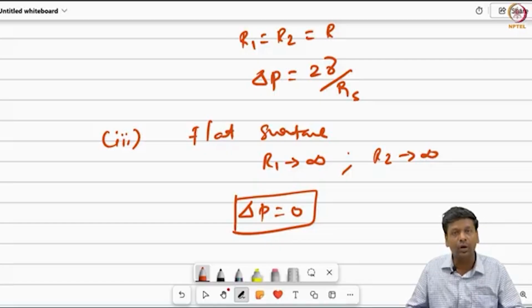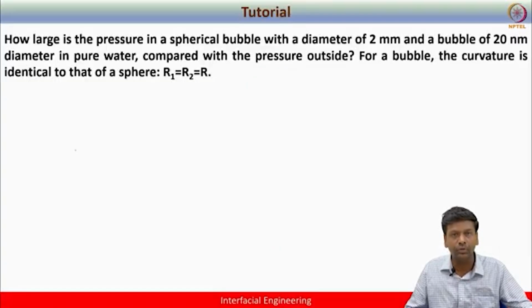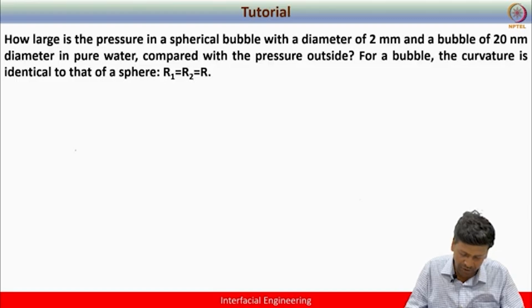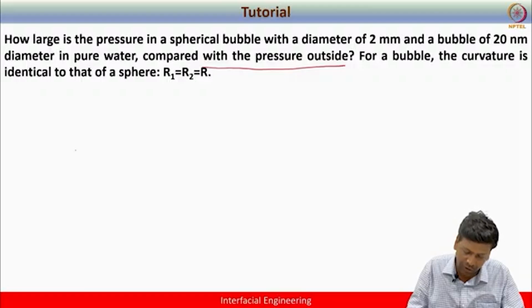All right, so now we will move on to the tutorial part today. Here we have a problem where we are asked to compare the pressure inside and outside in two cases.